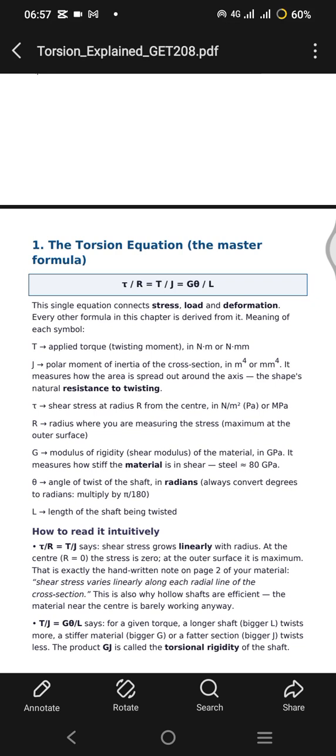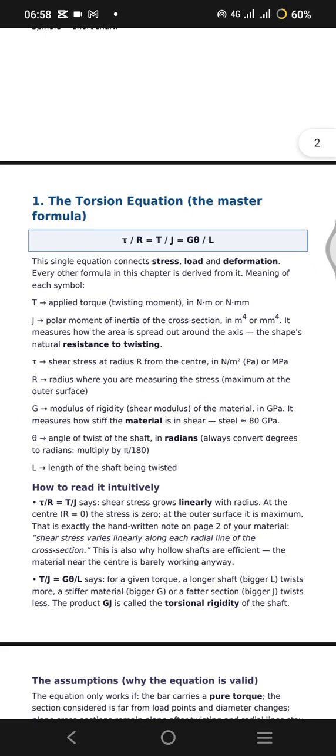So let's take bearings, for example, the bearings in a wheelbarrow. J measures how the stress is spread across that circular area. So it is the shape's natural resistance to twisting. This is what J is all about.